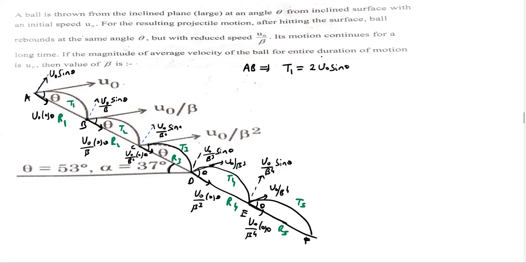If this is the inclined plane, this alpha, this will be G sine alpha. This will be G cos alpha. So along the inclined plane, how much it should be? G cos alpha. Those things I'll indicate here.